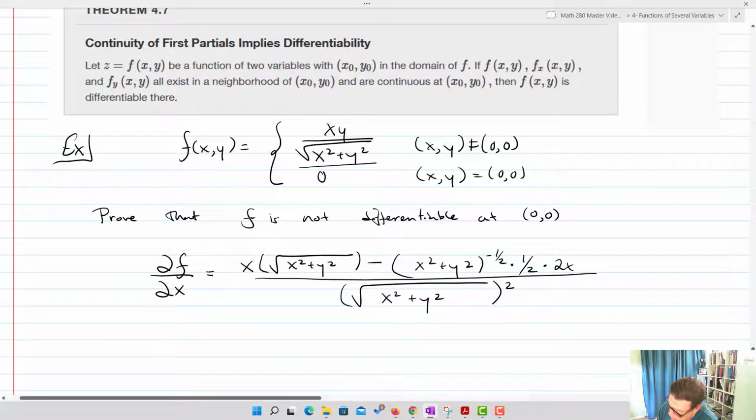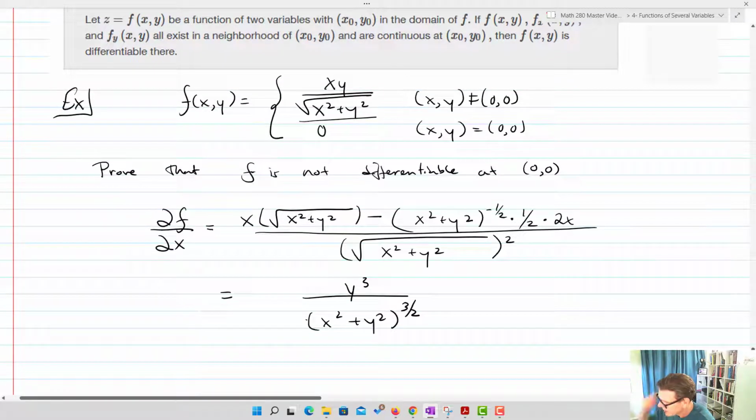We do a little bit of housekeeping. What we'll get is that df/dx in this case is going to equal y cubed over x squared plus y squared to the 3/2. So we'll get that that's the case.